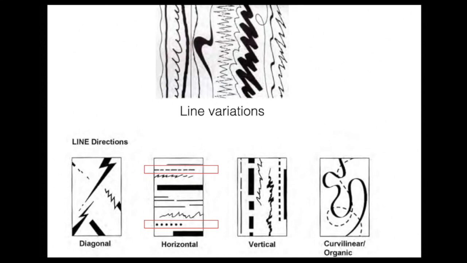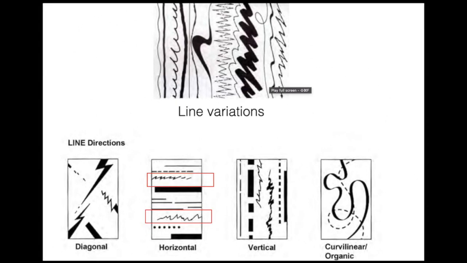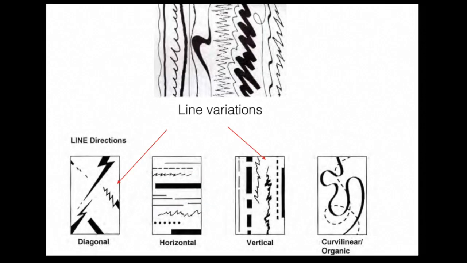But essentially those make up a horizontal line because of the overall shape of the line. And then also the zigzaggy, jagged horizontal lines there, they're still overall going in a horizontal direction. And then the same thing for the diagonal and the vertical lines.